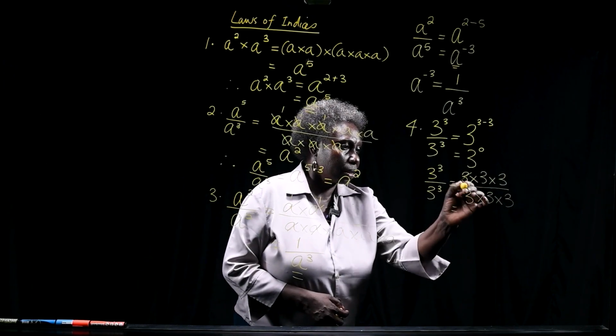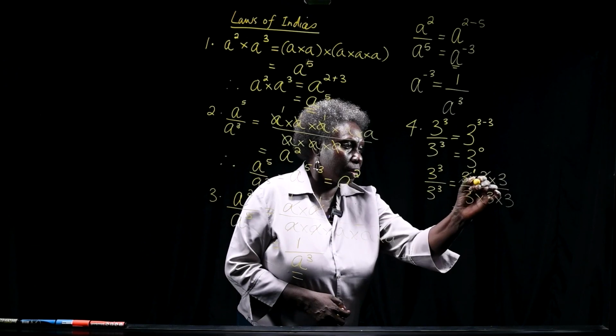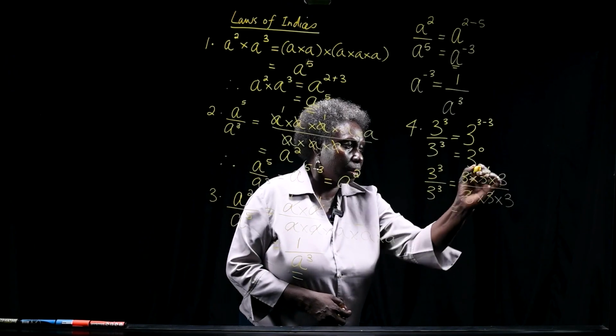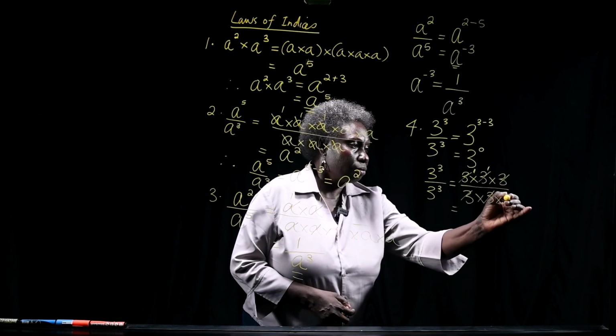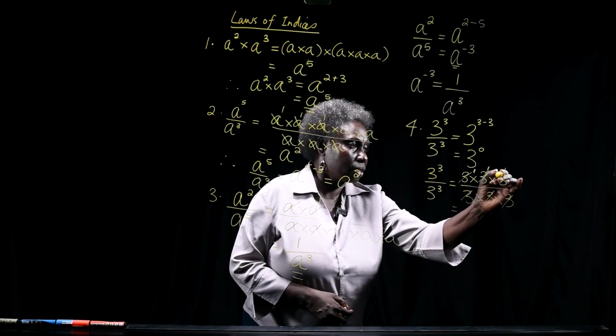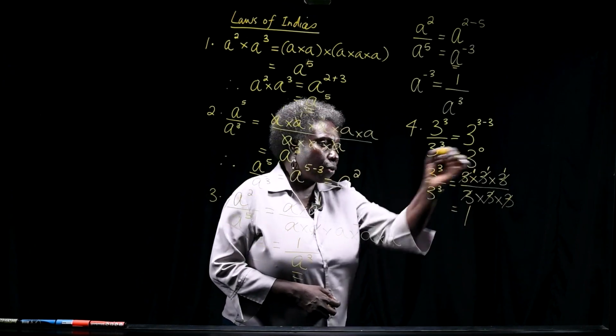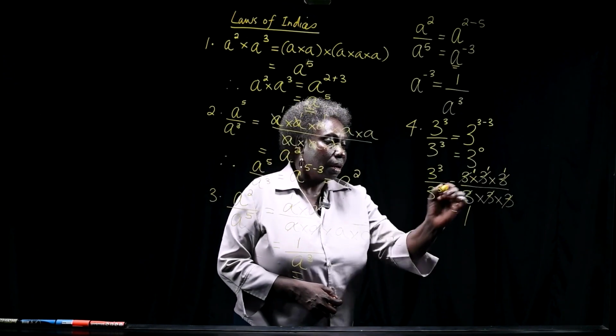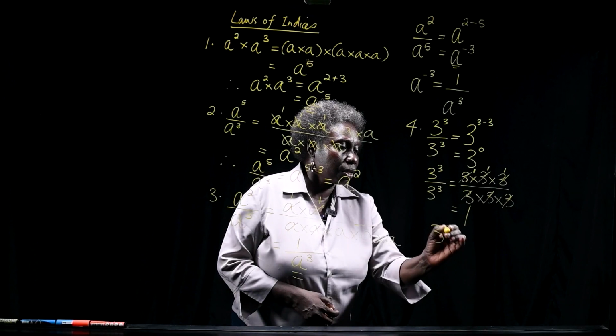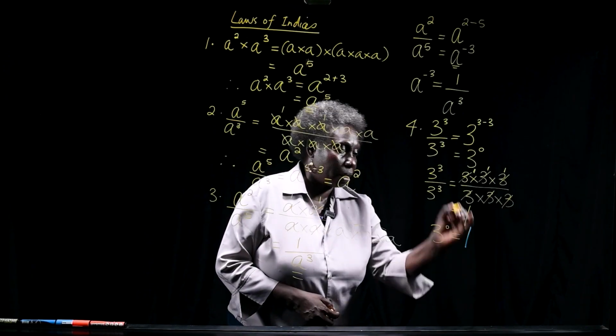And this cancels out, that is 1. When 3 over 3 cancels out, that is equal to 1. 1 times 1 times 1 is 1. So from this, we can see that 3 to the power of 0 is equal to 1.